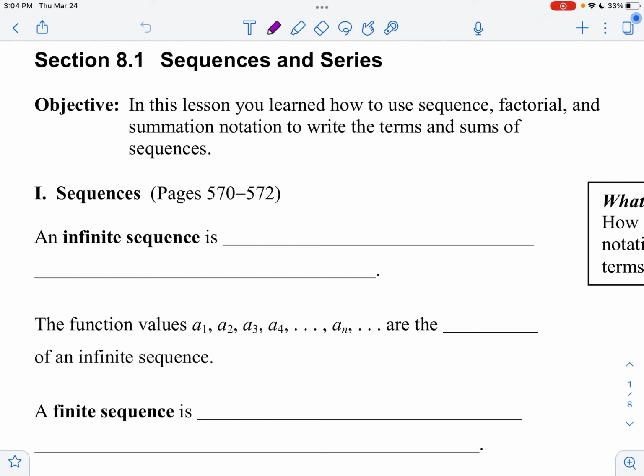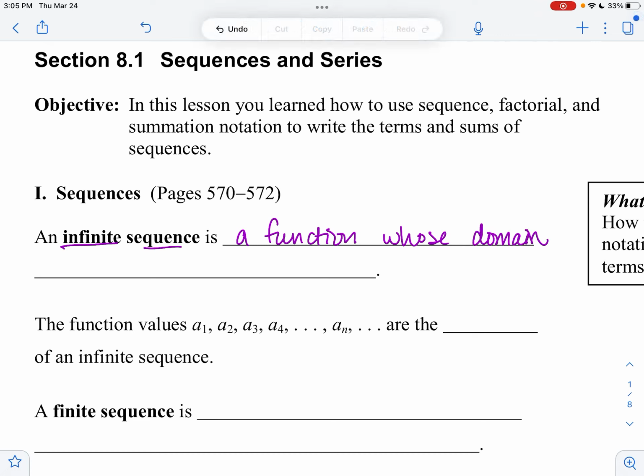Sequences are like a long list of numbers that never end, but an infinite sequence is a function whose domain, or x values, is the set of positive integers.